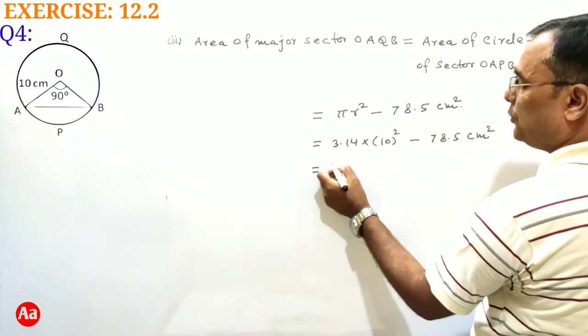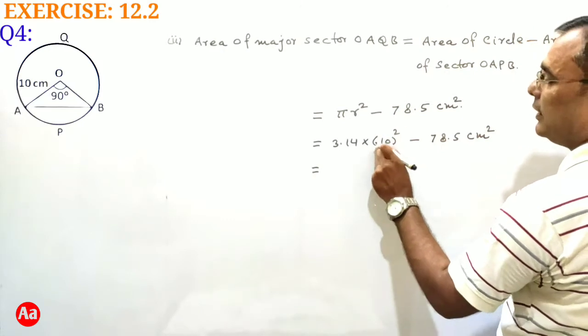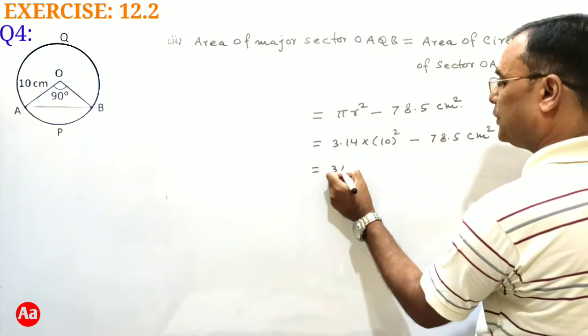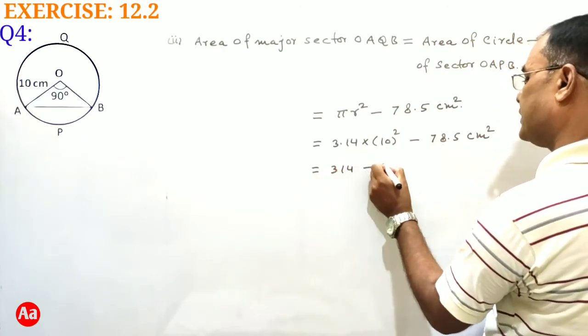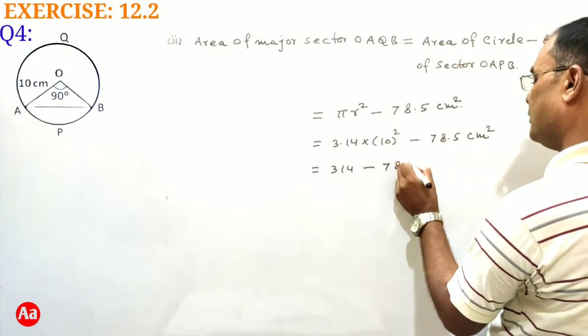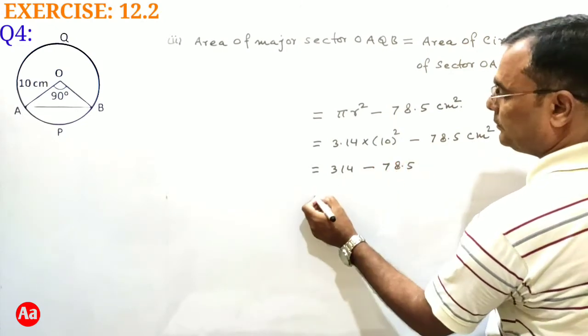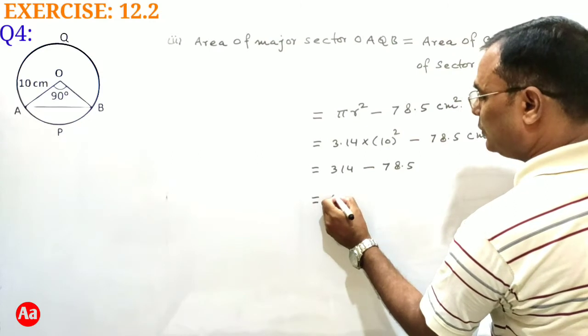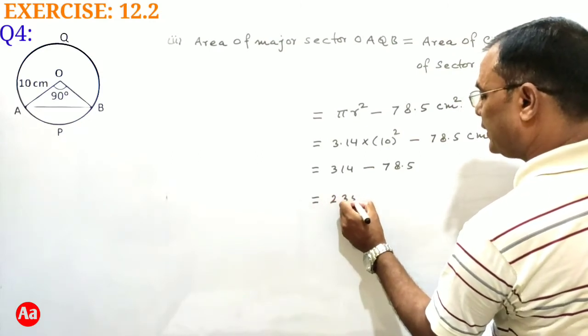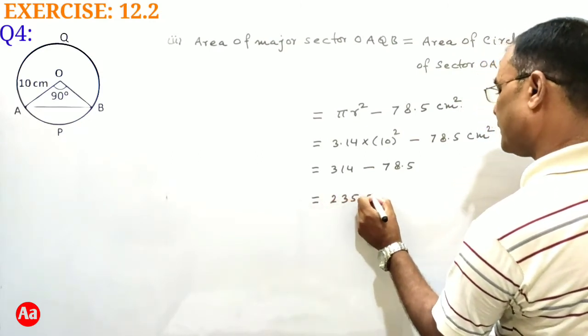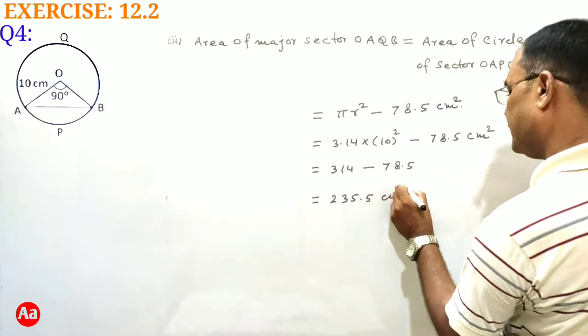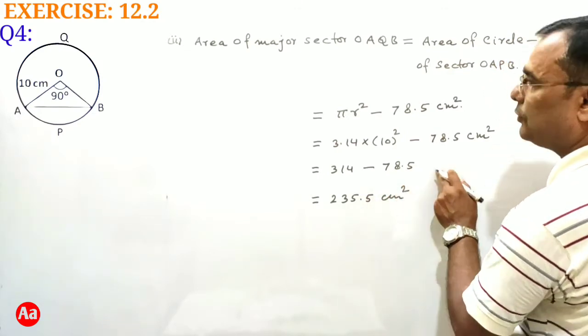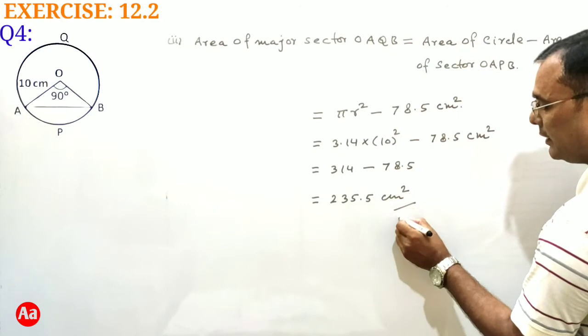So 3.14 into 10 square, 100, is 314, minus 78.5 is equal to 235.5 centimeter square, and this is the answer.